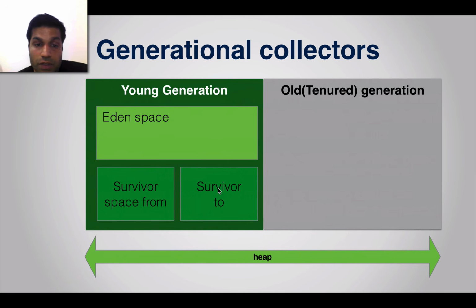That is the division of the young generation into three spaces. Then you have the old generation, which holds objects that survive for a long time; they are promoted into the old generation.